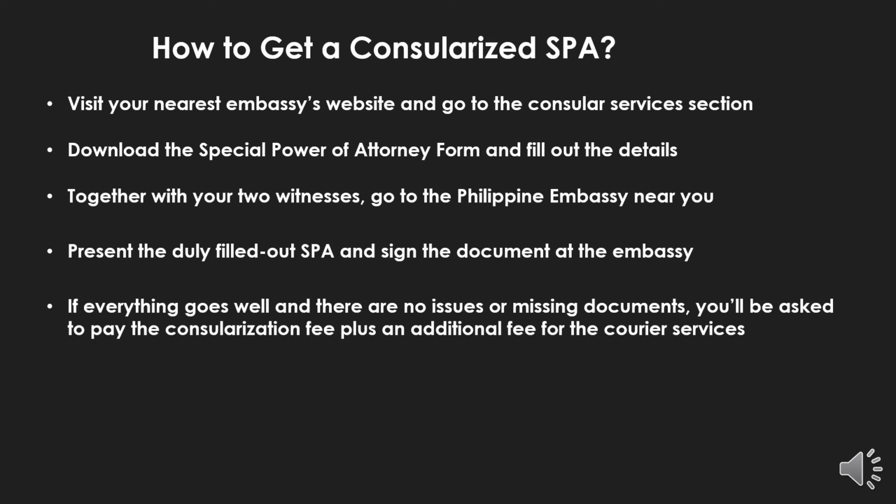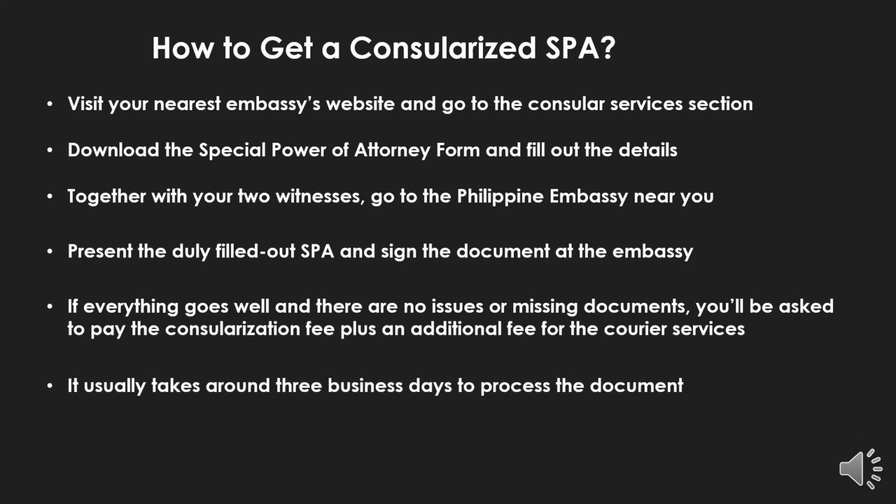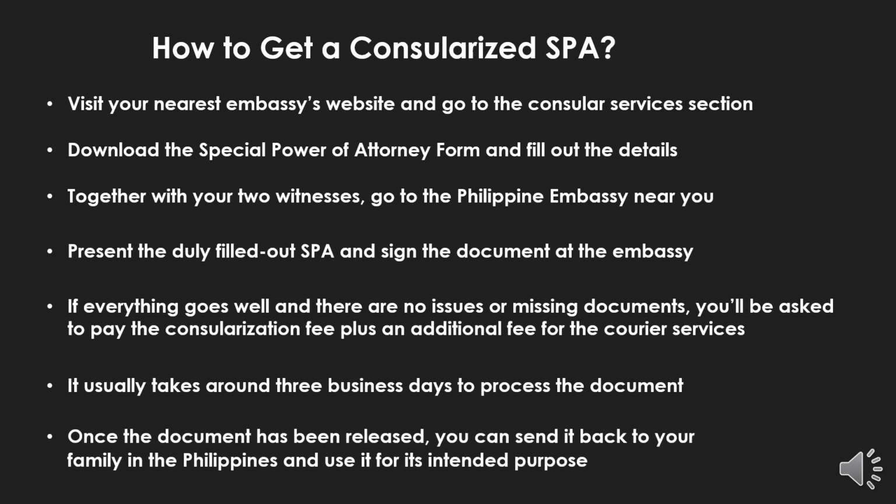If everything goes well and there are no issues or missing documents, you'll be asked to pay the consularization fee plus an additional fee for the courier services. It usually takes around 3 business days on average to process the document. Once the document has been released, you can send it back to your family in the Philippines and use it for its intended purpose.